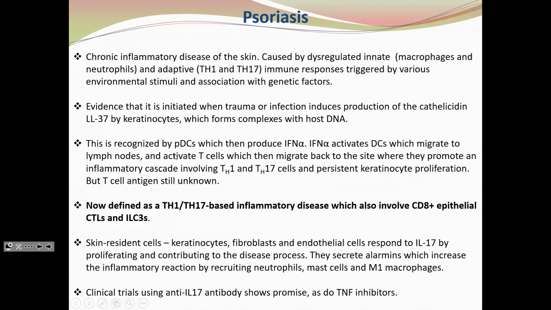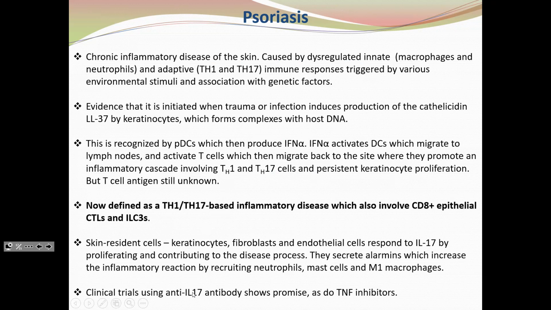It's quite a debilitating disease with people who have serious psoriasis. So a lot of effort has been gone into trying to treat this condition. One of the more encouraging results as a result of this is through clinical trials using monoclonal antibodies to IL-17.